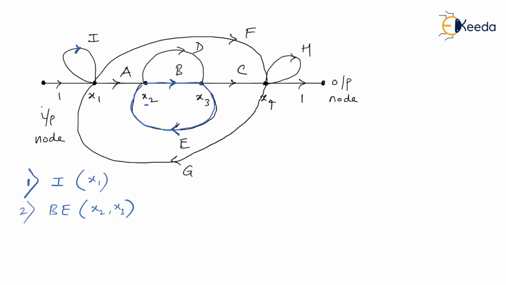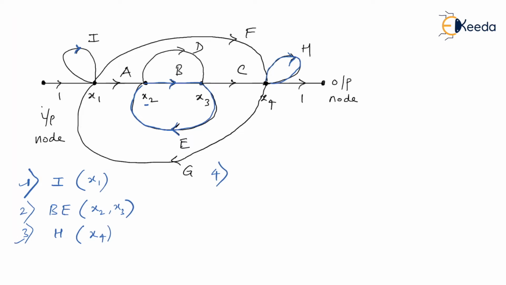The third loop, I can see again there is a self loop with gain equal to h. So h is a self loop gain involving only one node, x4. It is starting from x4 and terminating at x4 itself. So by observation I can say that there are two self loops, I and h.